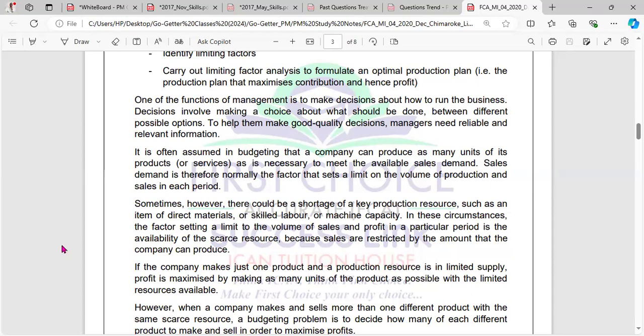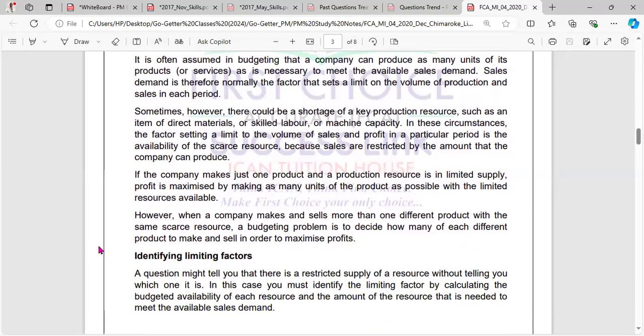That's simple common sense. But when a company makes more than one product, let's say bread and cake, and they use the same scarce resource, flour, then the budgeting problem is to decide how many units of bread to make and how many units of cake to make, how much of this mix you should make in order to maximize your profit.